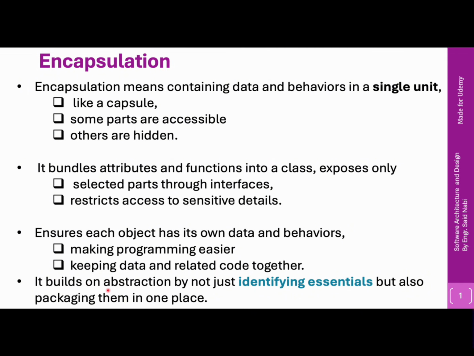It builds on abstraction by not just identifying essentials but also packaging them in one place. For an e-commerce store, for example, you have identified the payment subsystem, and you encapsulated that system in its own components. Now if you want to add more payment methods, make it more secure, or improve the performance, other subsystems would not be affected, and that is the main goal of encapsulation.